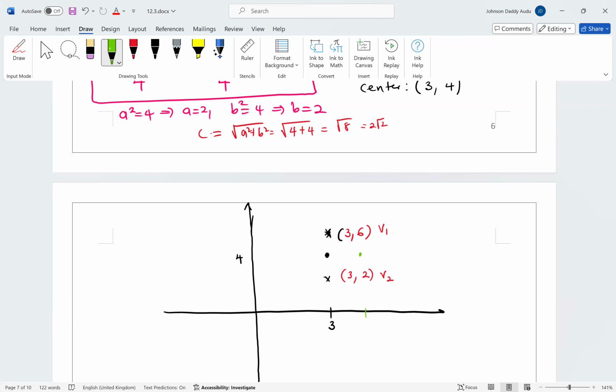So this will be 5 and 4. And then you come to the left again here, and this is going to be 1 and 4. So that is it. We're just going to have something like this.